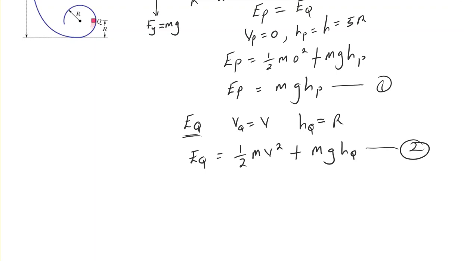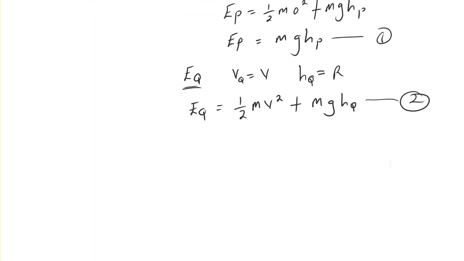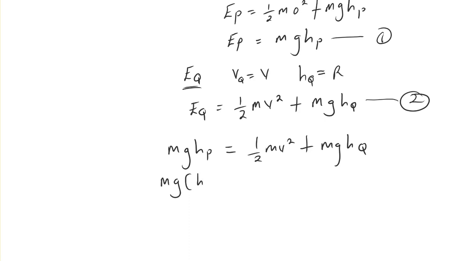Now we can equate equation 1 and 2 to each other, and then solve for v squared. Now we would have mg HP is equal to 1/2 mv squared plus mg HQ. I can take this portion to the other side, so we have mg (HP minus HQ) is equal to 1/2 mv squared.